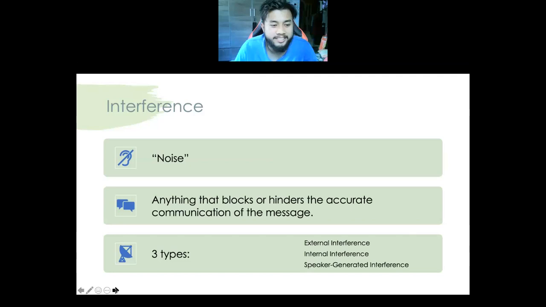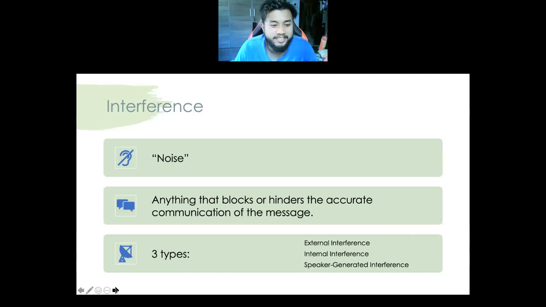And there are three types of interference. The first is external, the second one is internal, and the third one is speaker-generated interference. We will go one by one. Noise is actually something related to the surroundings. Noise can be in the form of issues received from the technical side, or from the audience, or maybe noise that came from the speaker itself.